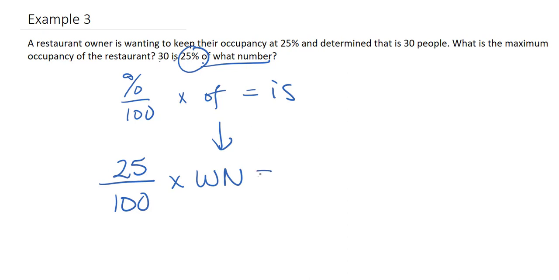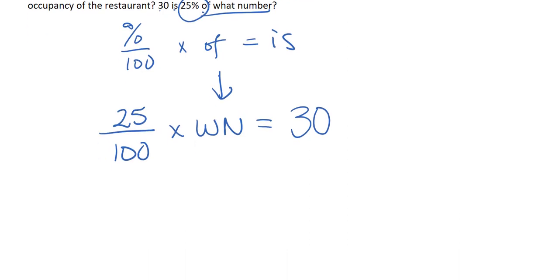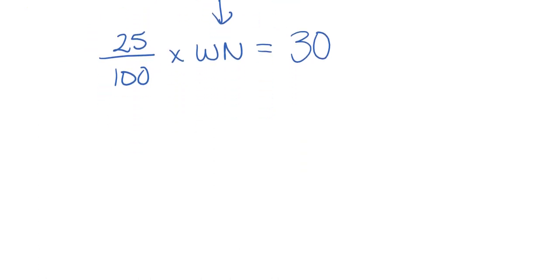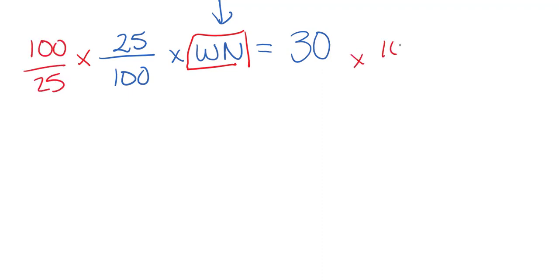And is 30. So whatever this number is, it's multiplied by the 25 over 100 and gets us to a really small number. It's like 1/4 of what the maximum occupancy is. So that's what we're looking for. Let's go ahead and solve. If we're looking to get what number, all we need to do is multiply by 100 over 25 on both sides.